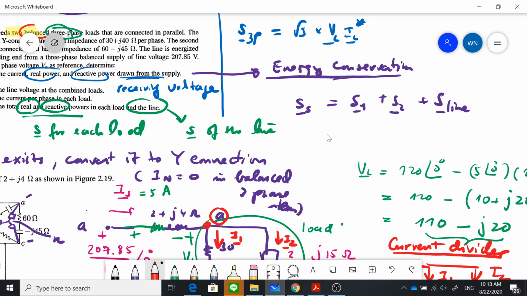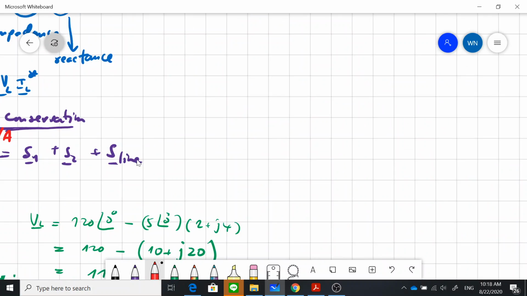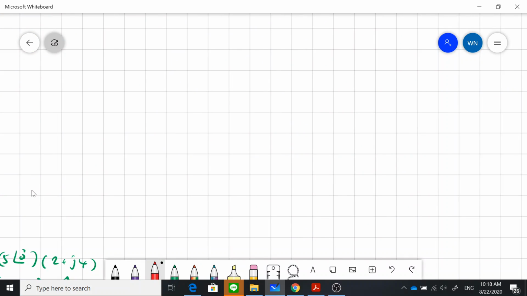In this case, SS has been computed already. That is 1800 VA, just the active component. So we have to compute these three quantities, and make sure that the sum of all these three must be 1800, right? So let's do the calculation.